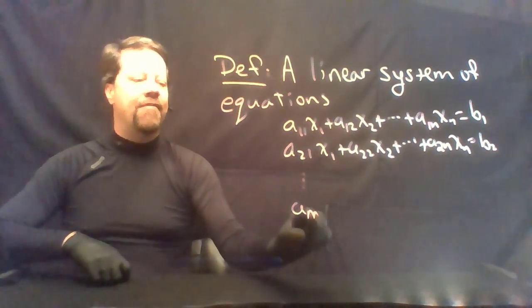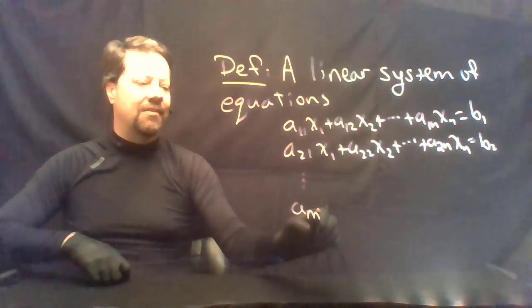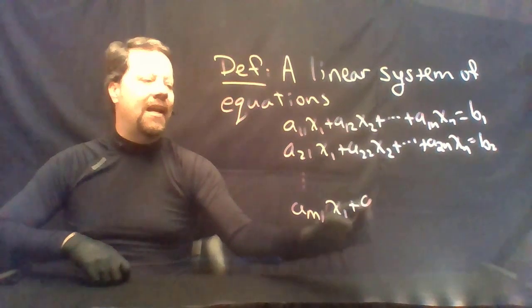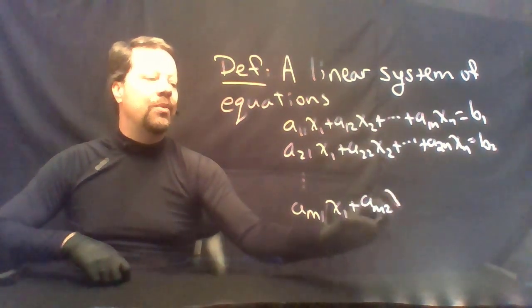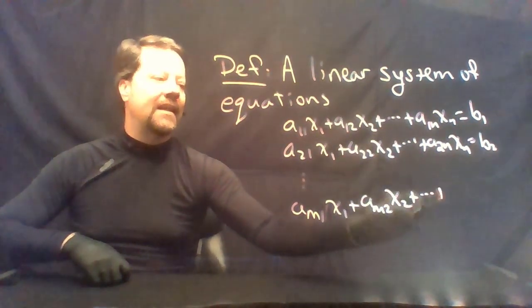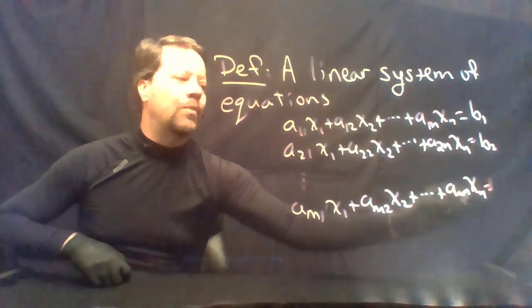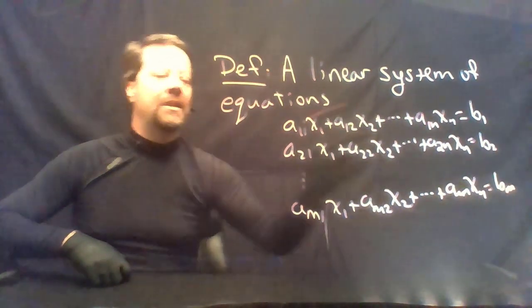Let's suppose we have m equations in n unknowns, so we'll have am1x1 plus am2x2 plus ... plus amnxn equals bm.